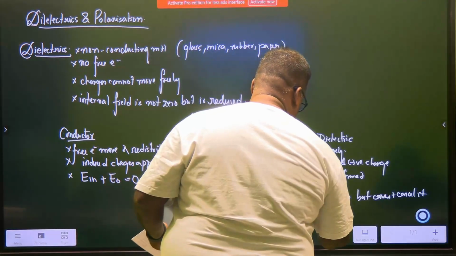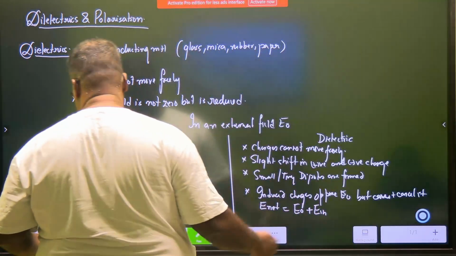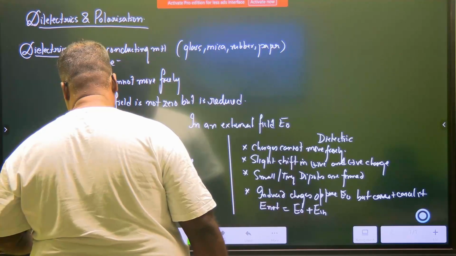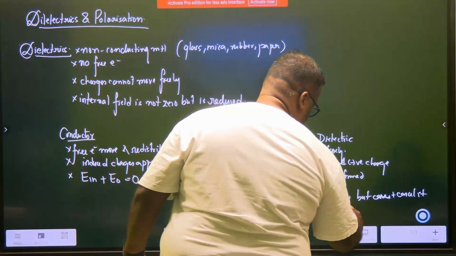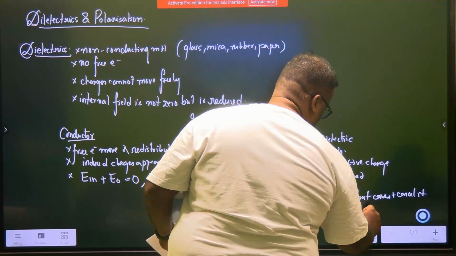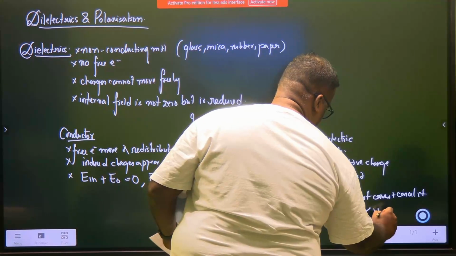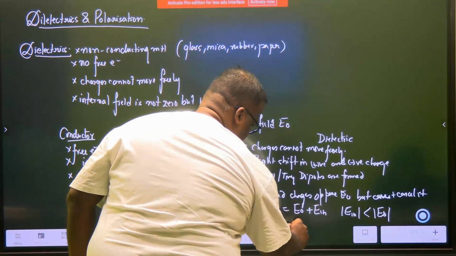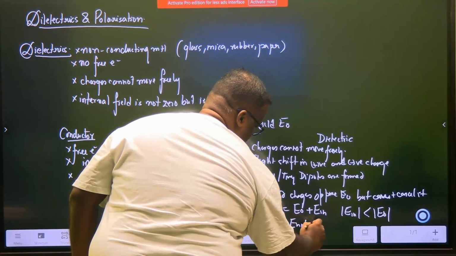I'm putting here plus to show that the sign between them is a minus sign. The absolute value of E net is always less than the absolute value of E naught, and E net is not equal to 0.